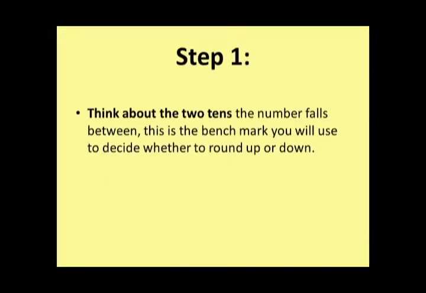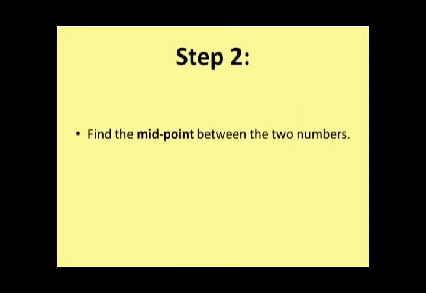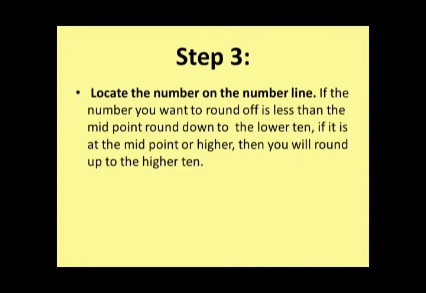Step 1. Think about the 2 tens the number falls between. This is the benchmark you will use to decide whether to round up or down. Step 2. Find the midpoint between the 2 numbers. Step 3.